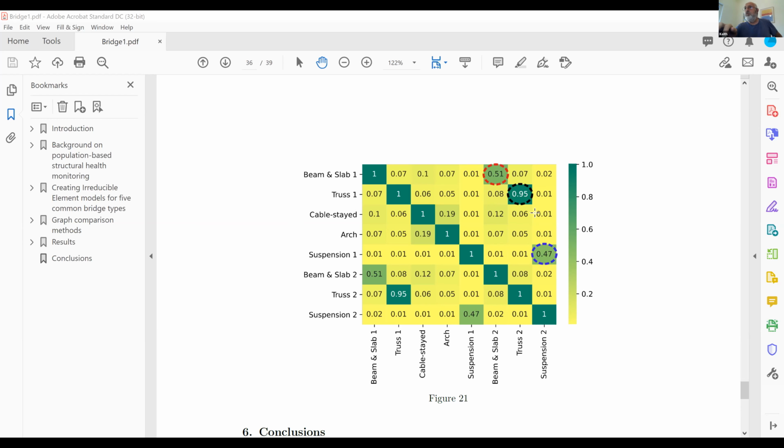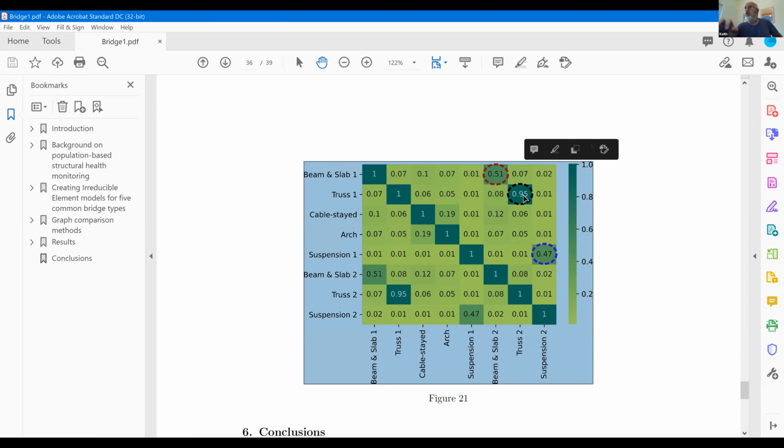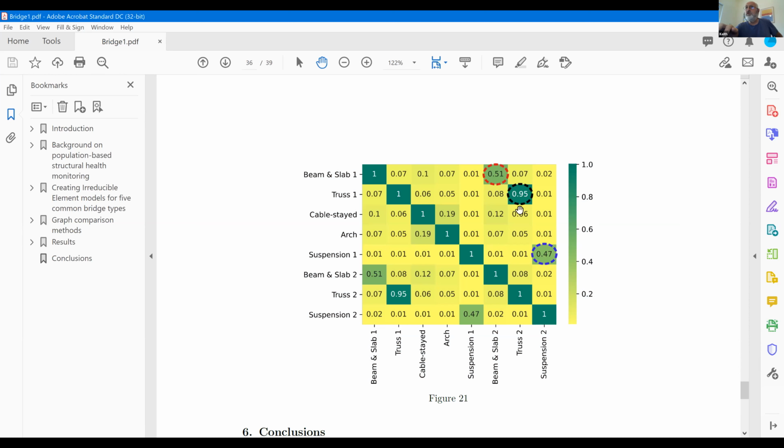In which case, we'd probably have a go at transferring information from this truss bridge to this truss bridge, but we wouldn't necessarily try with any of the others. Now, using all of this metric stuff, if I can build a finite element model that, considered as a structure, comes within 0.9 of the real structure, then I would think it was worth transferring the information from it. Is that reasonable?